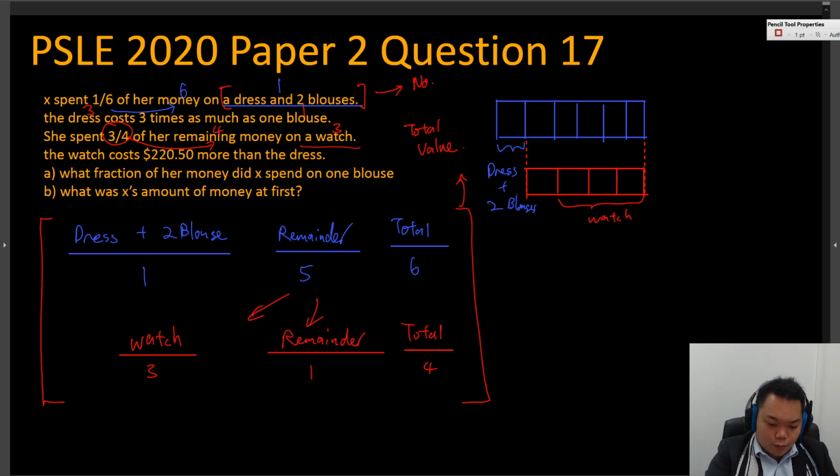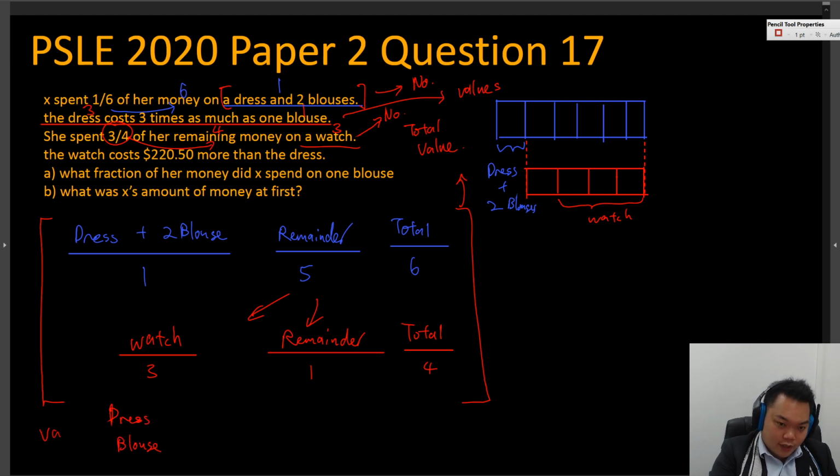She bought 1 watch. This also refers to your number of items. And over here, the second statement refers to the values of the items. So if we are to draw a model to represent the dress and a blouse, if we are to compare their values over here, this is how it would look like.